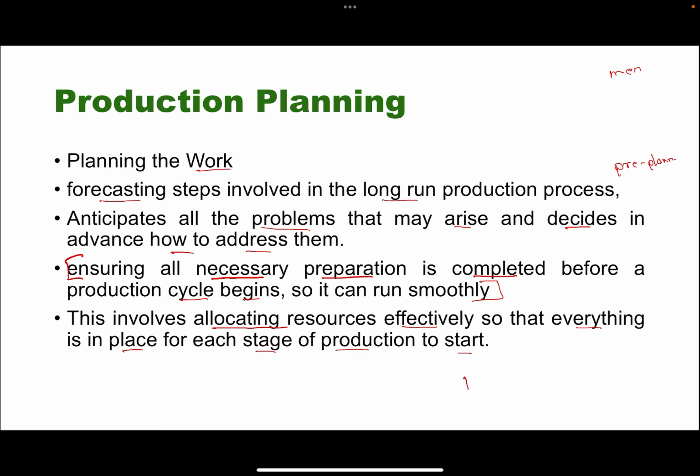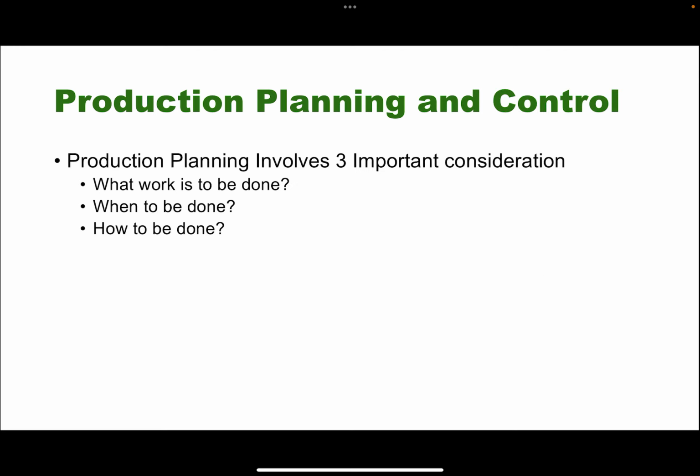For example, for a regular machine shop job, you can have several workstations: 1, 2, 3, etc. You need to allocate the men to each workstation. How many men should be allocated to which workstation? This needs to be decided by the production planning. And what should be the amount of materials that need to be supplied to each workstation, and so on. This all comes under production planning.